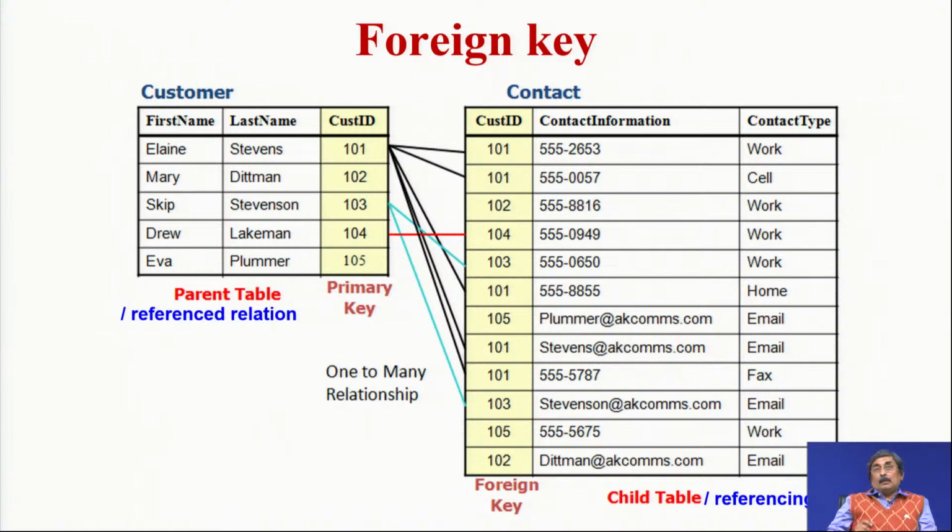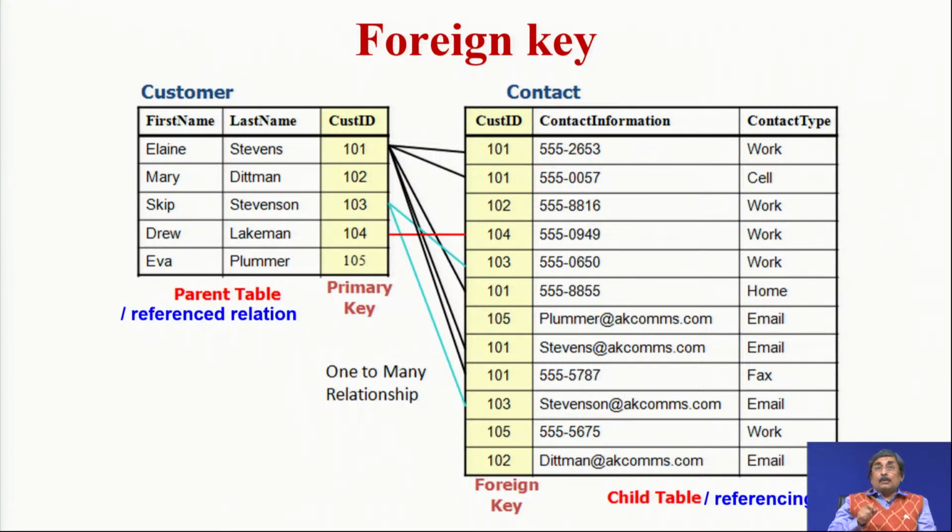Now, the customer ID in the contact table is a foreign key. So, it points to the primary key of the customer table. And you need to understand that if I use a customer ID in the contact table, then that customer ID must be present in the customer table as a customer ID, right. So, if I have customer ID at a given point of time as 101, 102 to 105, and all of a sudden I write the contact of customer ID 106, that will be wrong.